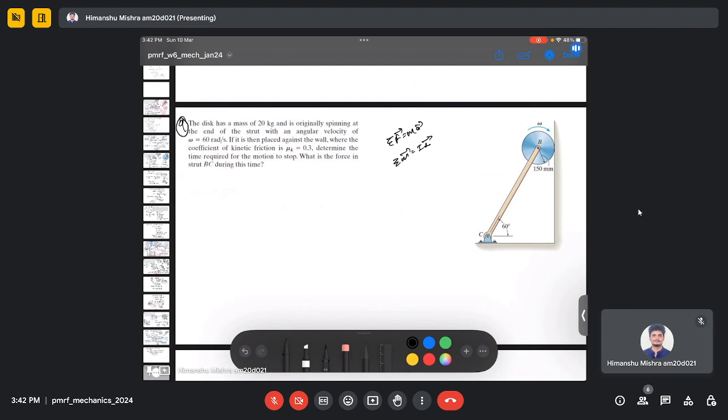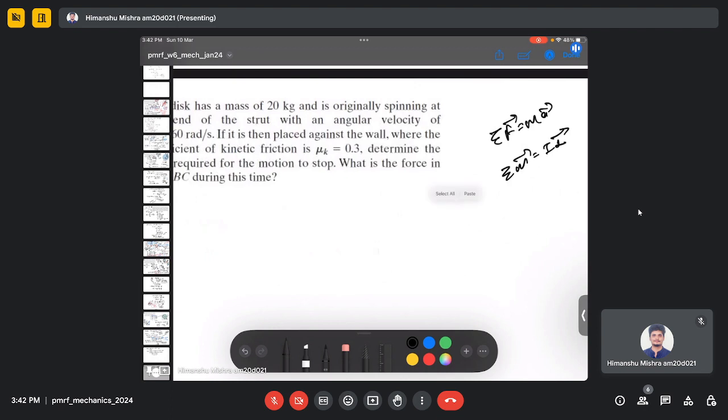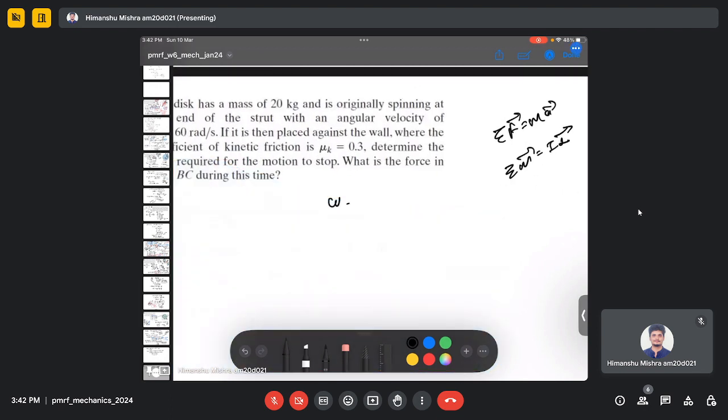So as we can see that here we need to calculate the time required, which means that we have to use the kinematic equations, for example, omega equals omega naught plus alpha t, or omega squared minus omega naught squared equals 2 alpha theta, and so on. Since we need to find the time, we will be using the first equation.